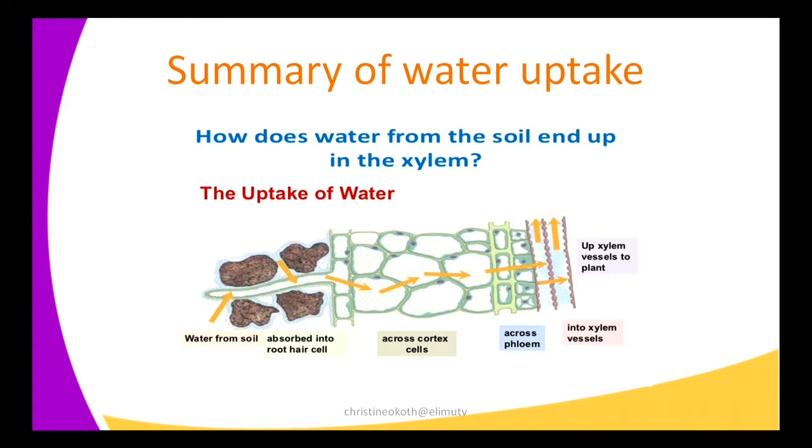Then it moves across the phloem, a tissue which is responsible for the transport of mineral salts. Then from the phloem, still using the process of osmosis, it goes directly into the xylem vessel. Then the xylem vessel will transport the water to the leaves where it is needed for the process of photosynthesis.